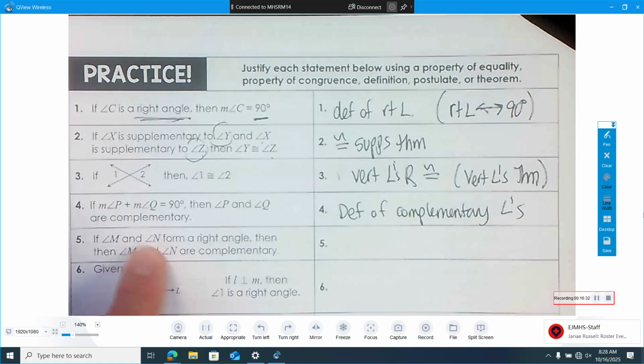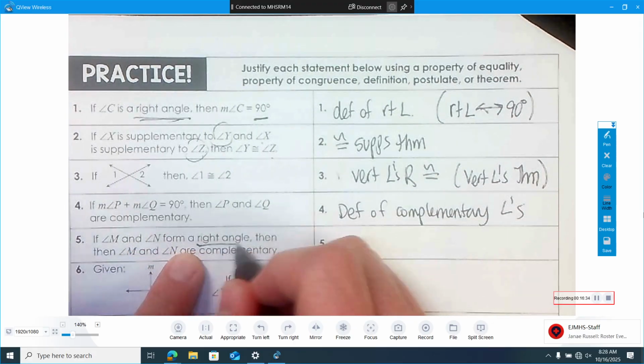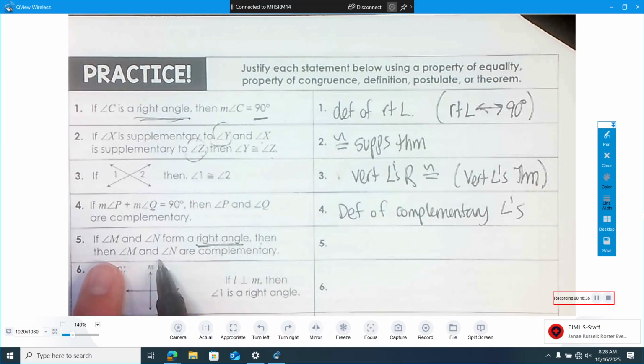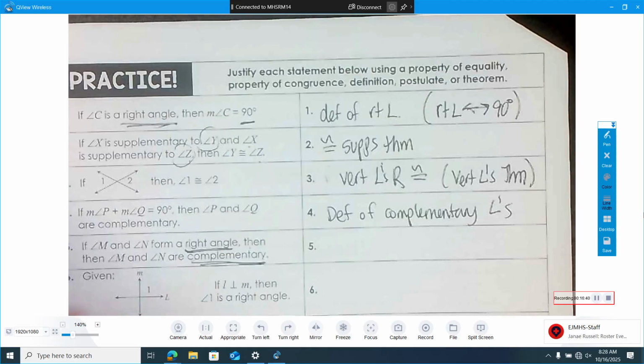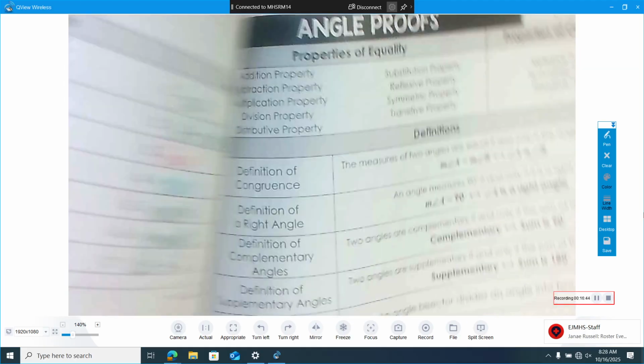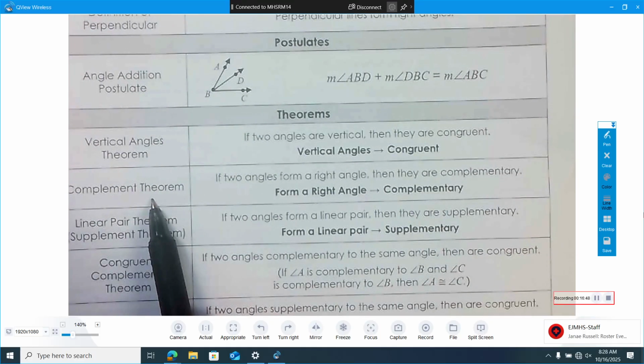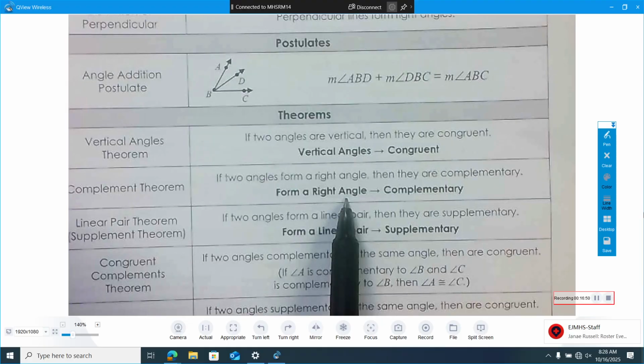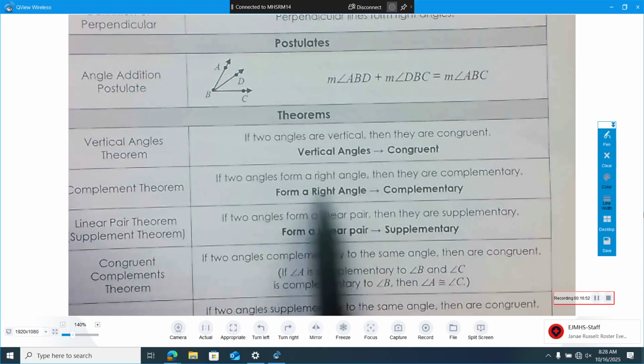If angle M and angle N form a right angle, then M and N are complementary. Let's turn the page back. If they form a right angle, then they are complementary. What's the reason?